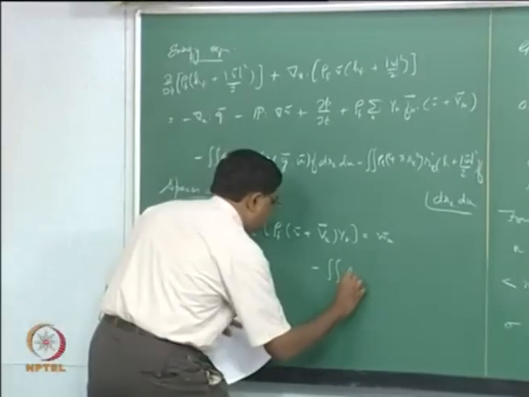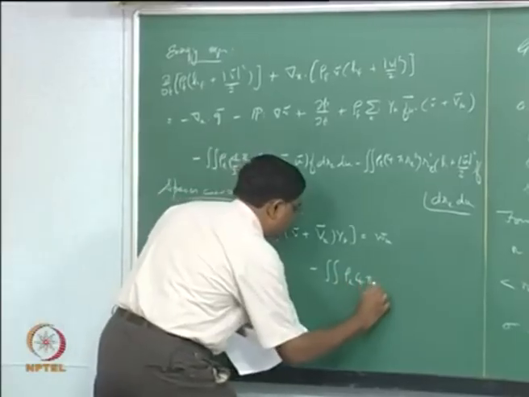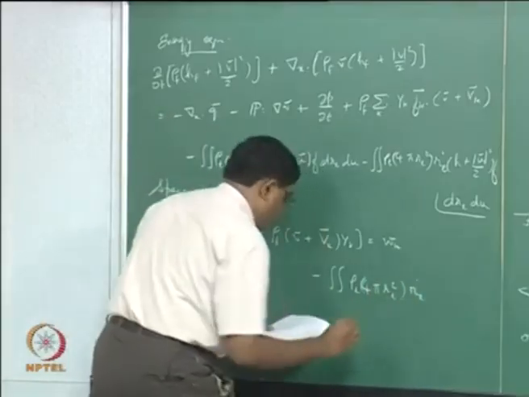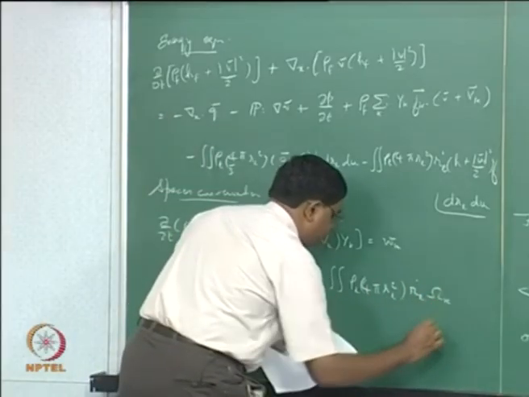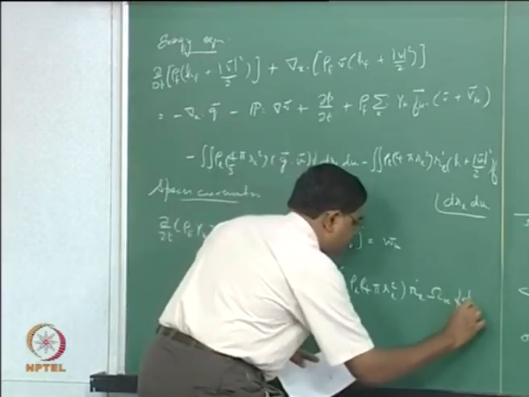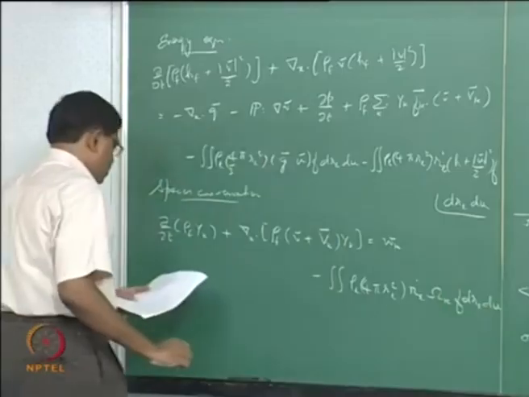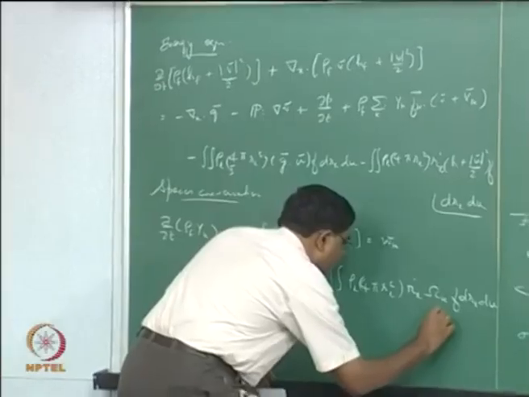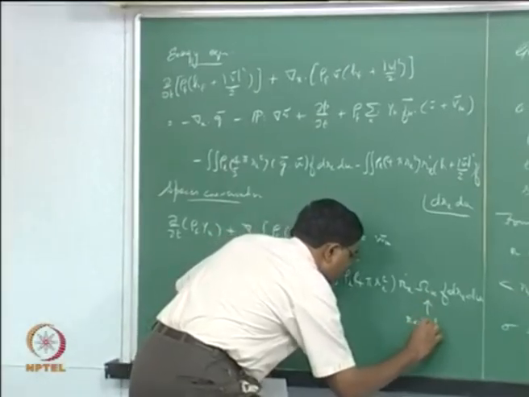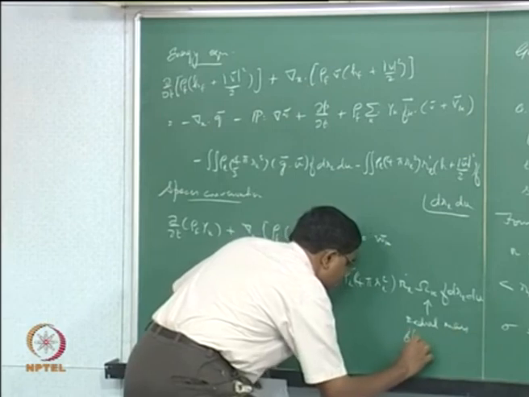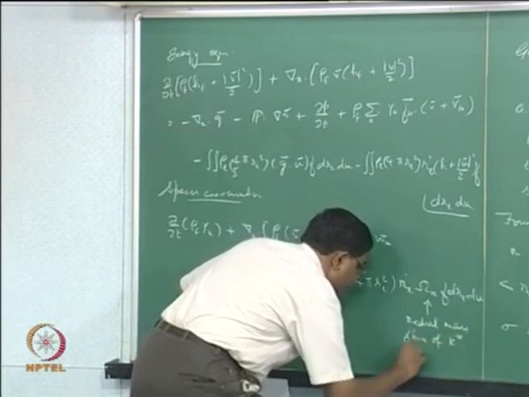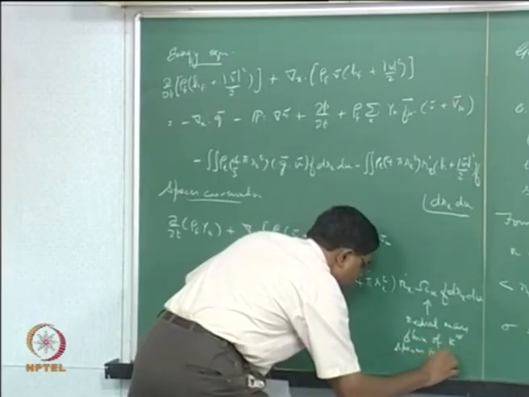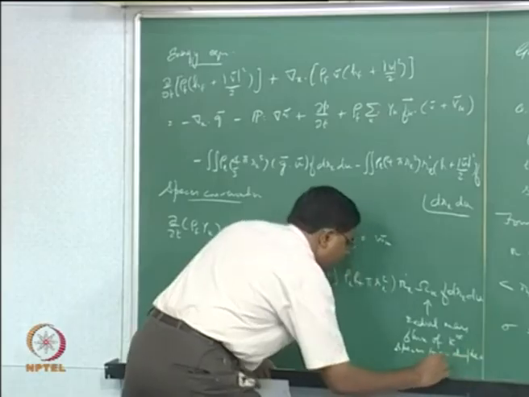So rho L 4 pi RL squared RL dot omega k F drl du, where omega k is actually the radial mass flux of kth species from droplet surface.